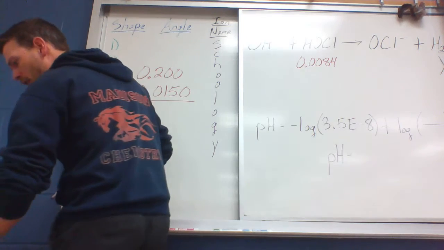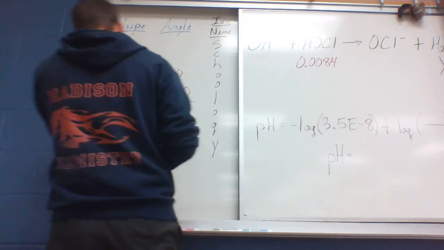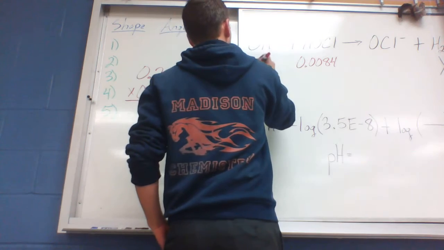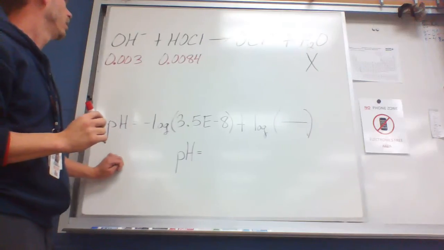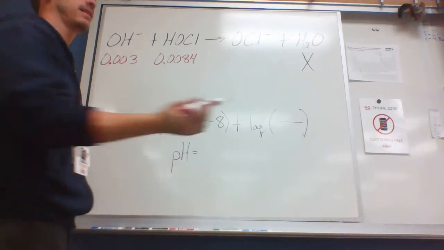My value here is going to be 0.003. All right, I'm going to subtract the smaller number.